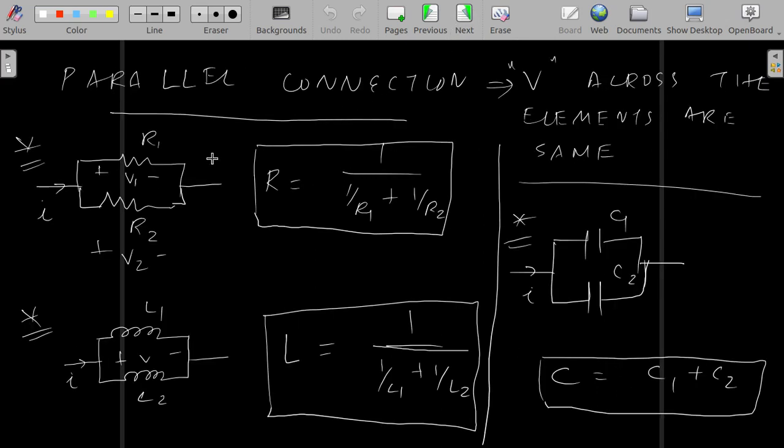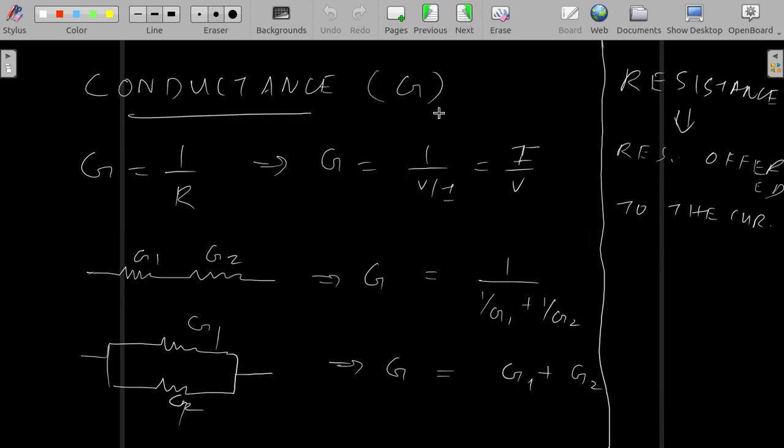And parallel connection as a connection in which the voltage across the elements are the same. Okay. So from this you could understand that resistances and inductances react in a similar way, but capacitances react in a different way. And we introduced the concept of conductance, which is an inverse of resistance.